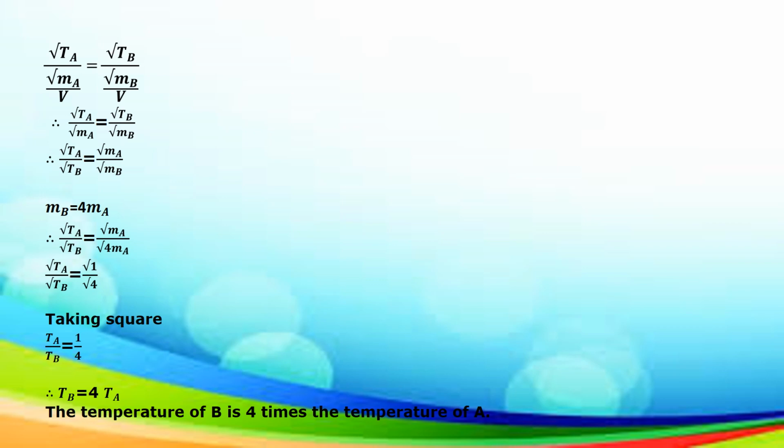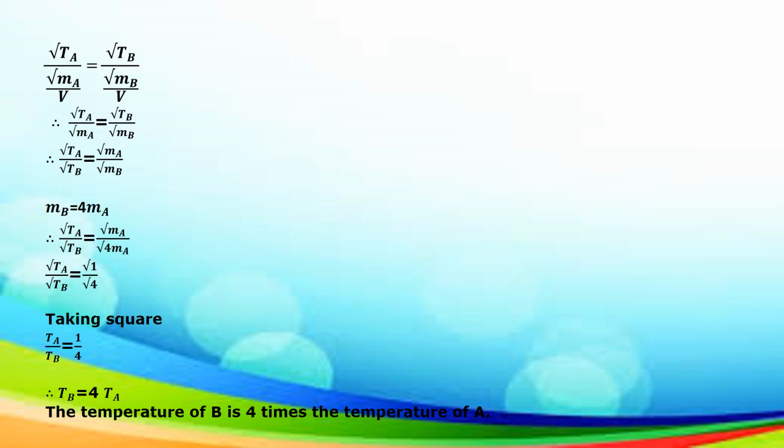But we know MB is equal to 4 into MA, means mass of bottle B is equal to 4 times the mass of bottle A. So instead of MB, we will write 4 into MA. So this equation becomes square root of TA upon square root of TB is equal to square root of MA upon square root of 4 into MA. So here MA upon MA will cancel.